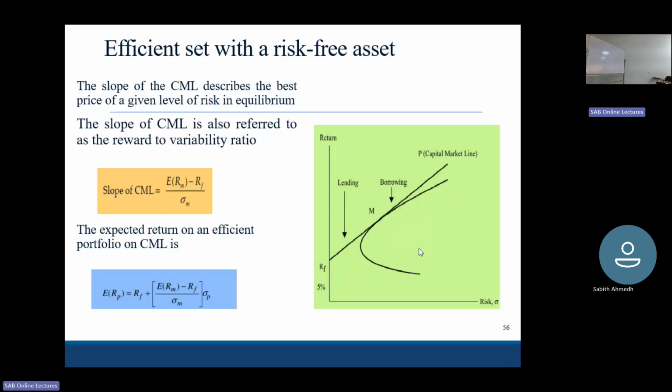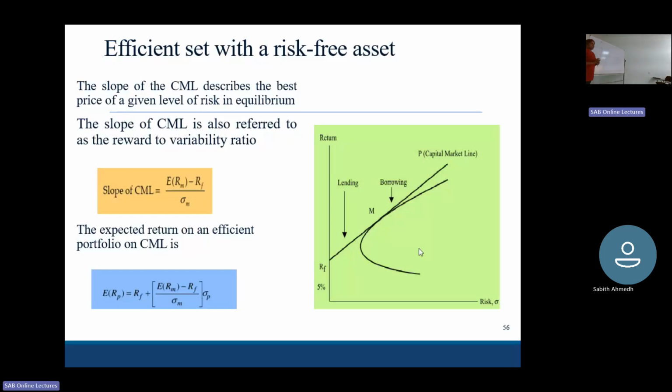So that is what we call a borrowing portfolio. Therefore, in this capital market line, portfolios from RF to M we identify as lending portfolios, and from M upwards as borrowing portfolios.